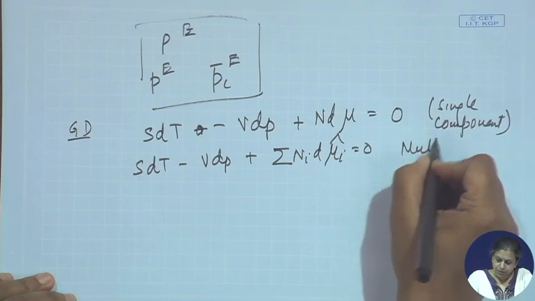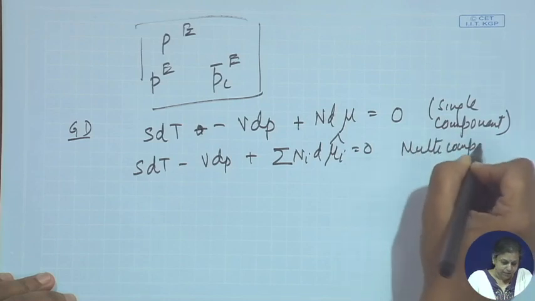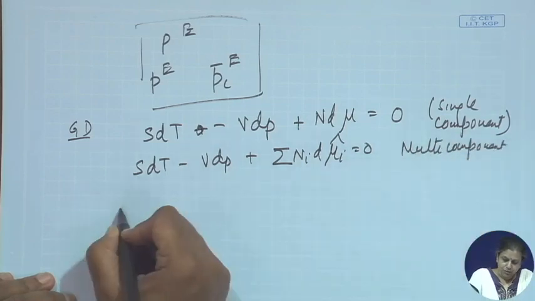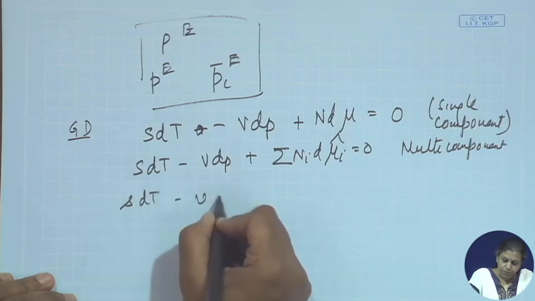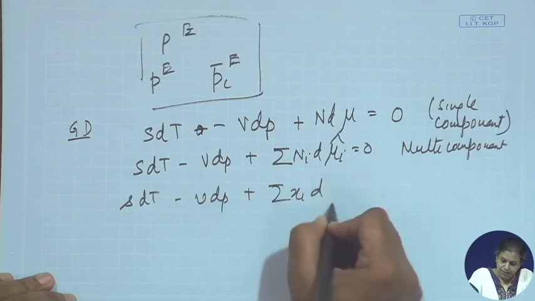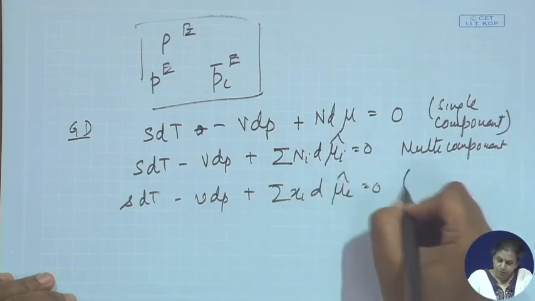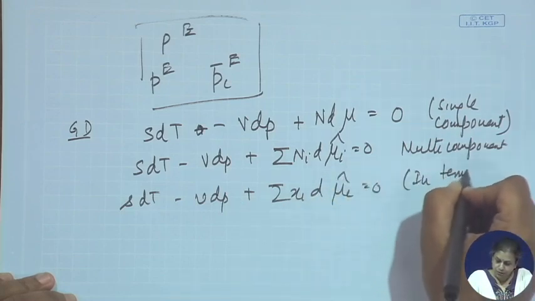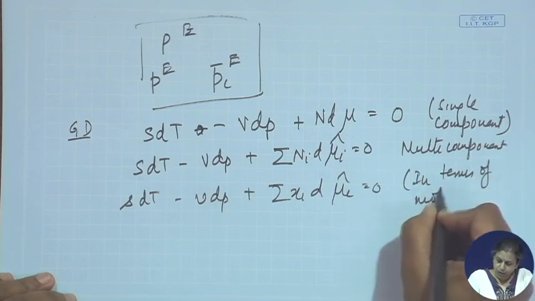This is for the multi-component case. In terms of molar properties, everything becomes small: s dT minus v dP plus sigma x_i d mu_i equals 0, in terms of molar properties.